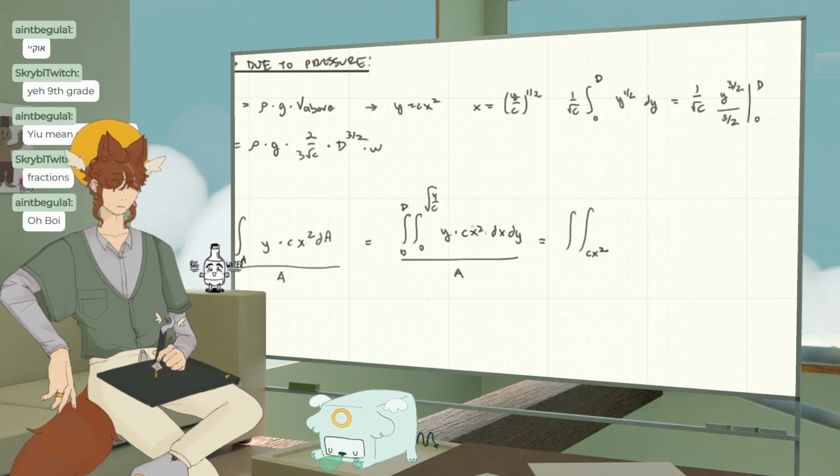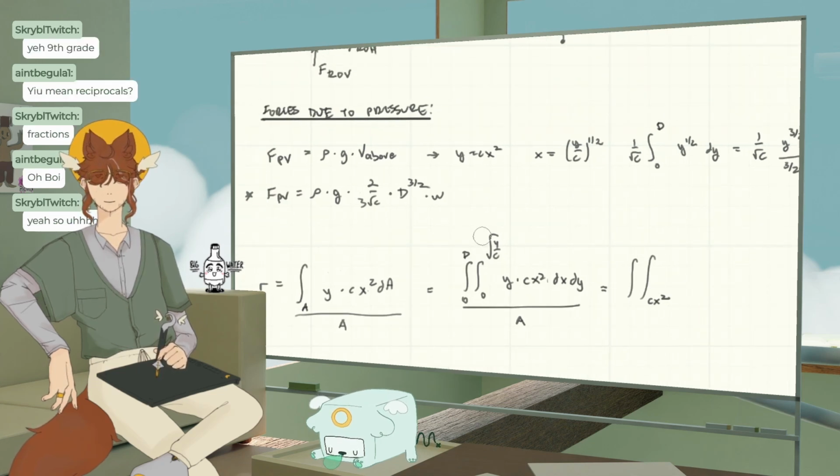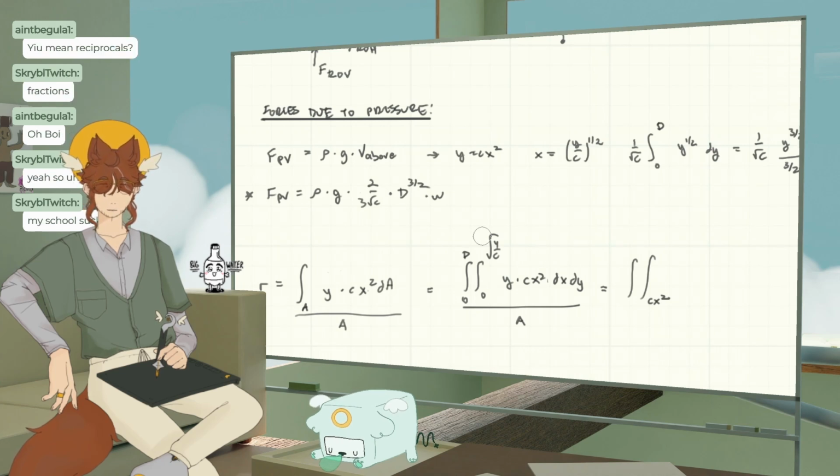Wait, do I actually have to put in x for this, or do I just leave it as x? I feel like I just put it as x. Why do I have cx squared in here also? It's y times cx squared. That's like y times y. Why do I have y times y? Isn't it just y?